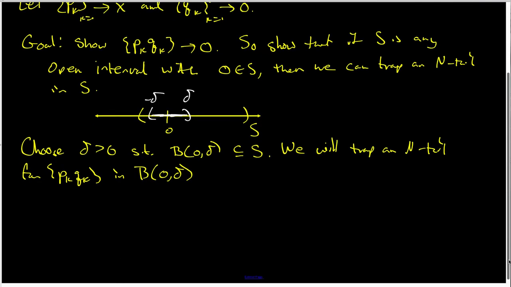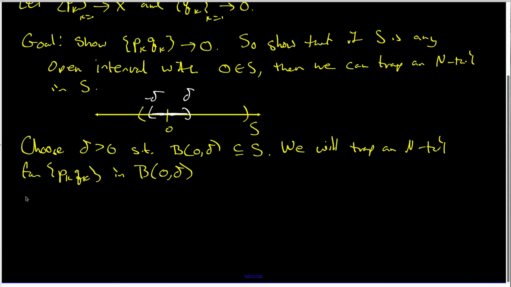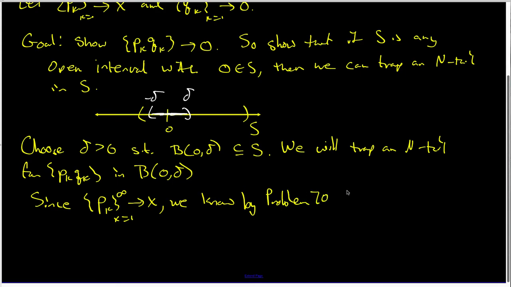Well, let's see. The first step is that I'm going to make this note. Since the pk's are a convergent sequence, we know by problem 70 that the pk's are a bounded set. And what does that mean?